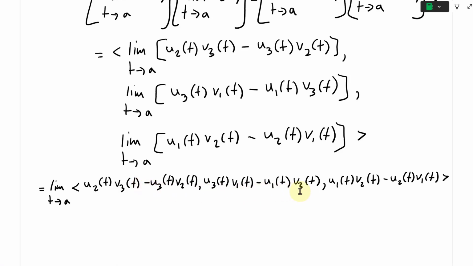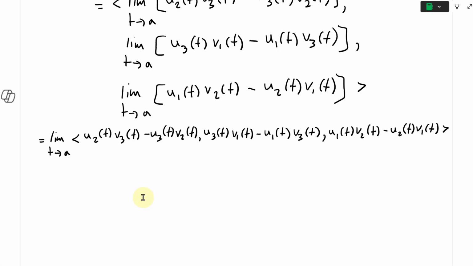Let's double check my solutions manual. Yeah, this is exactly the cross product, and this whole thing just equals the limit as t approaches a of the cross product u(t) cross v(t).